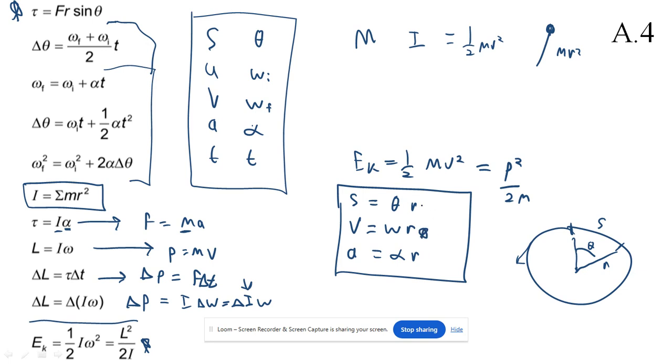This one's in the packet. You can remember this because of maths. Your math teachers taught you that theta is just the arc length over the radius. But yeah, these should be in there in my opinion, but they're not. They just think they're so obvious, but you'll use this.